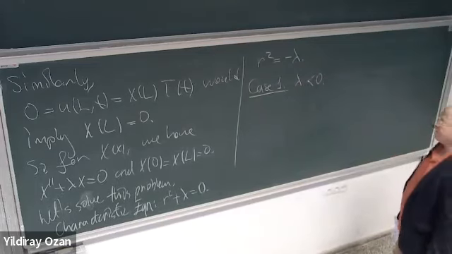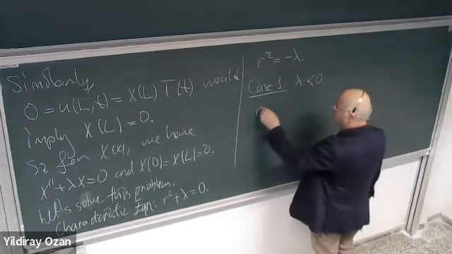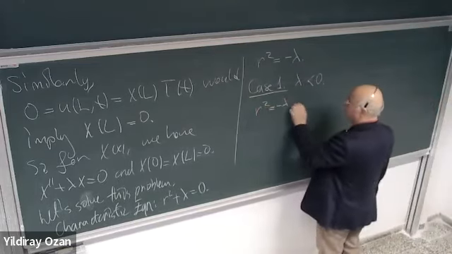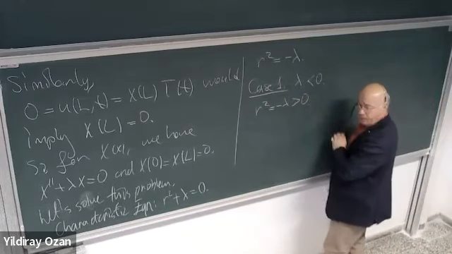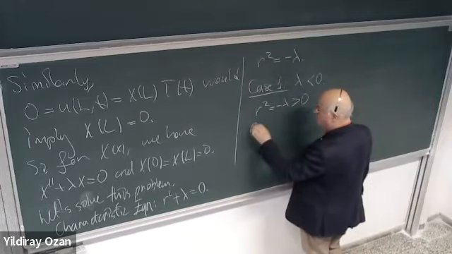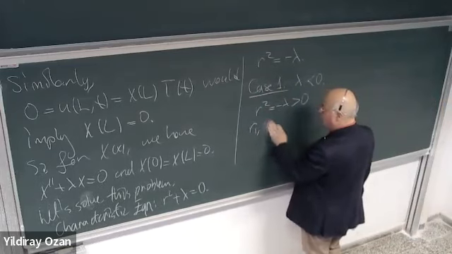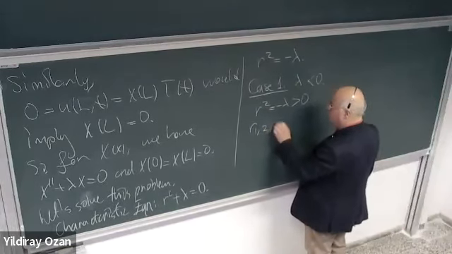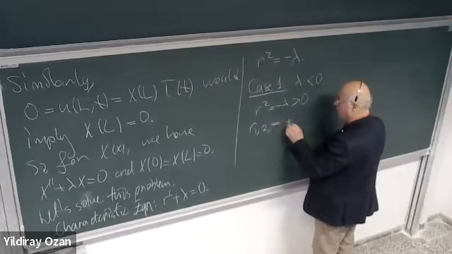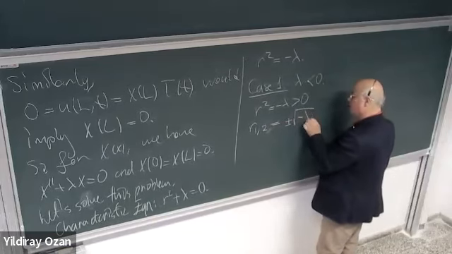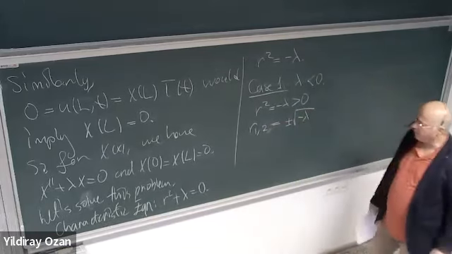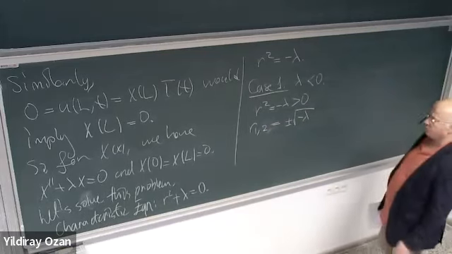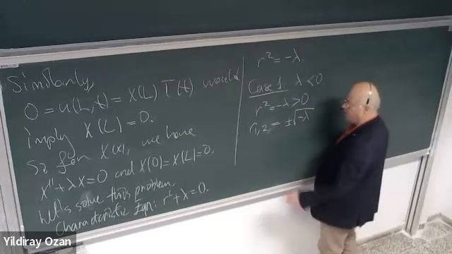If it is negative, then r squared, which is minus lambda, is positive. Therefore, we have two real roots. What are they? They are square root of minus lambda and minus square root of minus lambda.